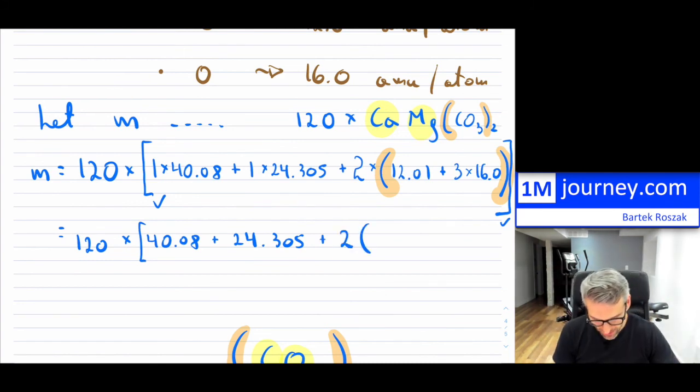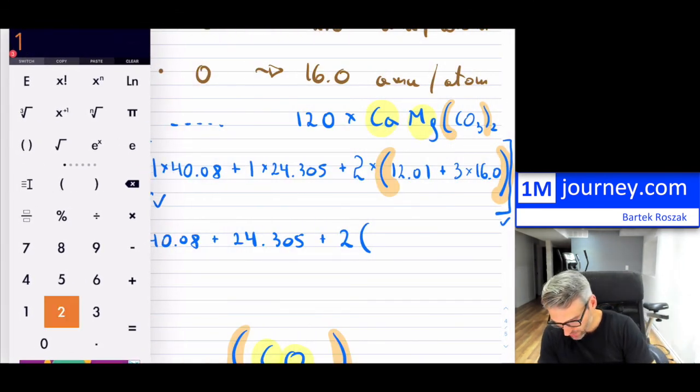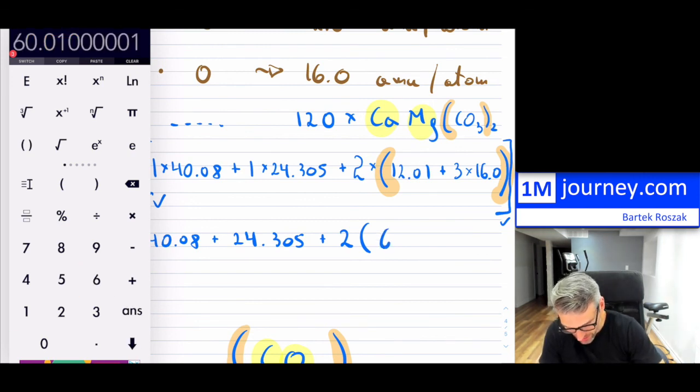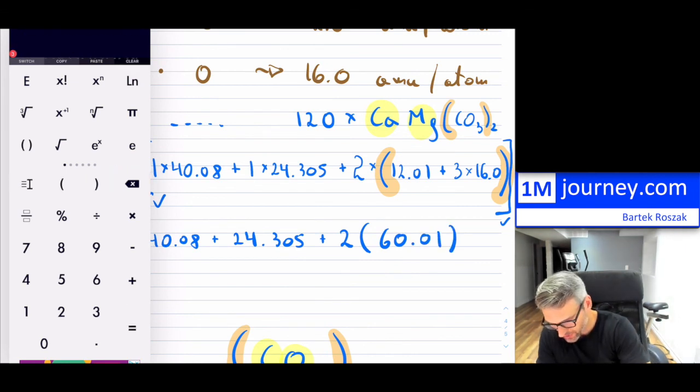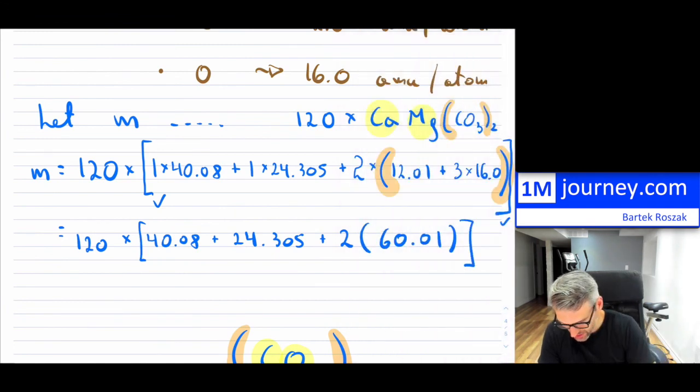Now inside of that bracket, let me take this out in here. I have 12.01 plus 3 times 16. So that's inside of that bracket, which is really just 60.01. Okay, so let me clear that out. So that's much simpler.